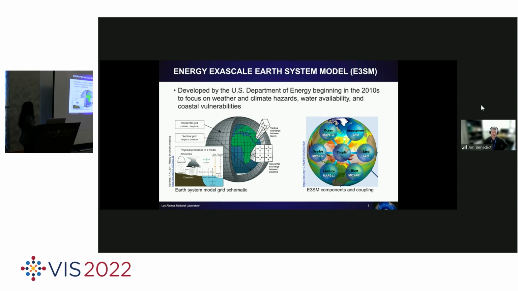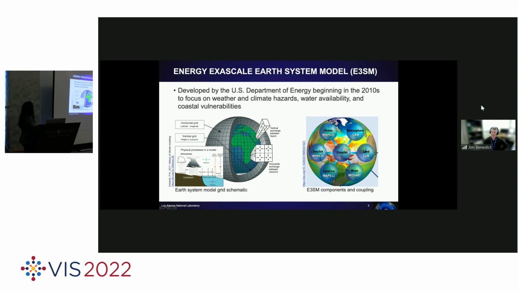Larger processes like mid-latitude storms can span multiple grid cells, and so they're considered resolved on the grid. But we must also represent smaller unresolved processes like individual clouds and ocean eddies through things called parameterizations. And these are statistical theories about how these subgrid scale processes behave.